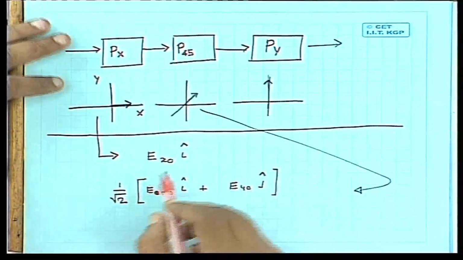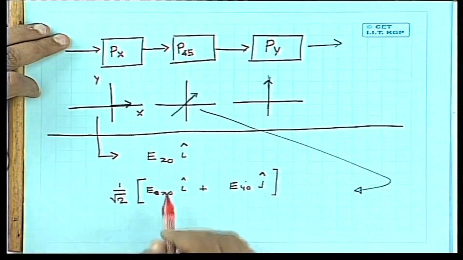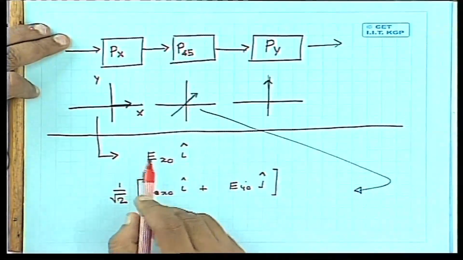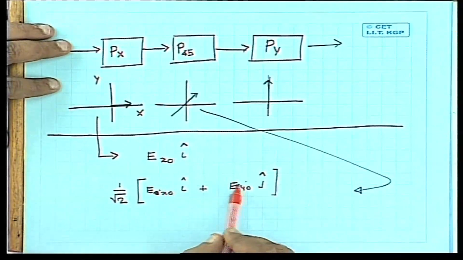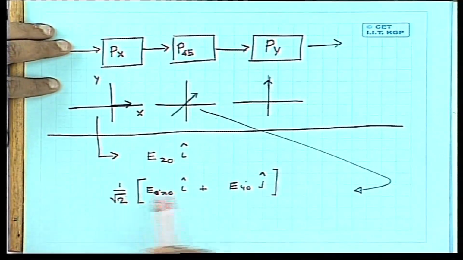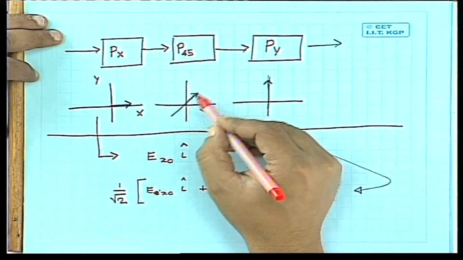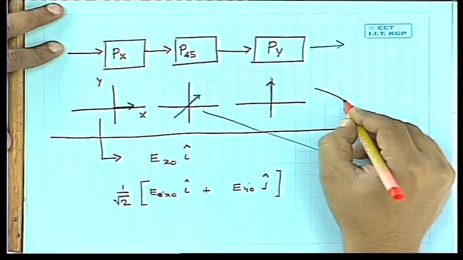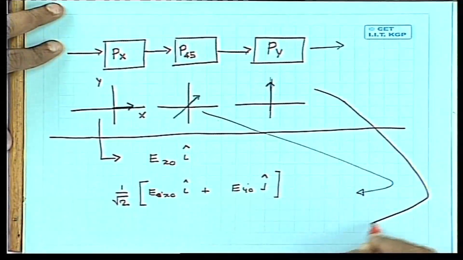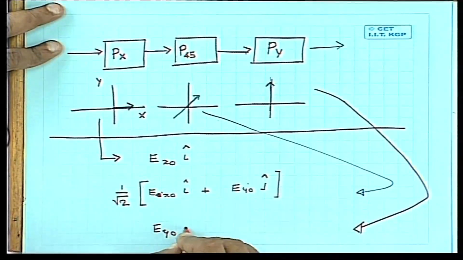And I am assuming that these two amplitudes are the same. So this represents the polarization state along the x-axis. Here these two amplitudes are the same, so this superposition represents an electromagnetic wave polarized along 45 degrees. And this is E y naught j.